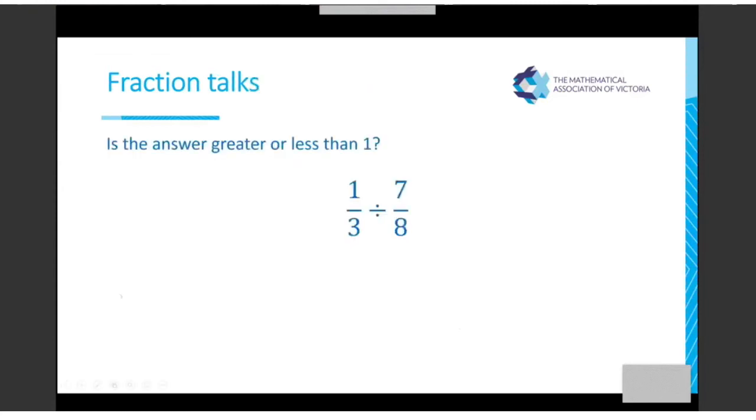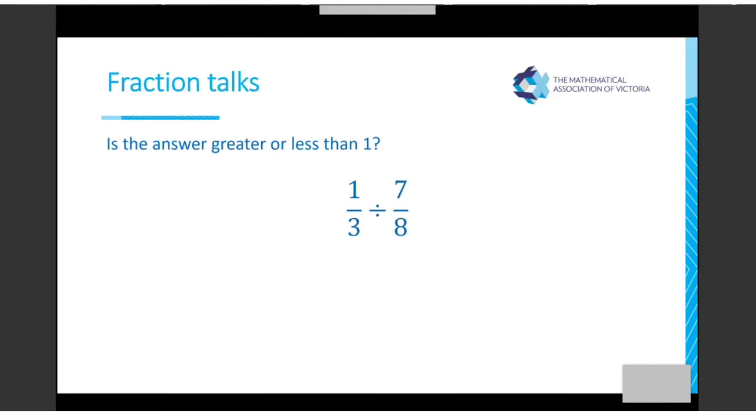Okay, this one we won't go through, but you can also do it in numerical form. So we had the picture fractions, but here are numerical fractions. What we're trying to obtain is: is the answer greater or less than 1? So it's not even a solve.